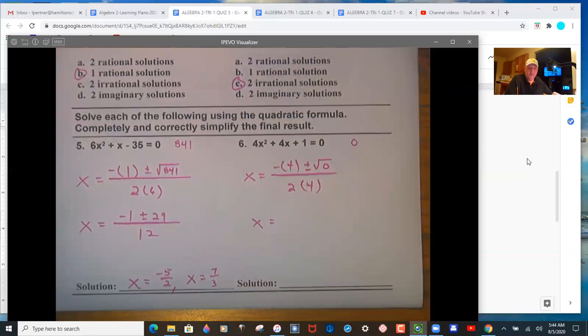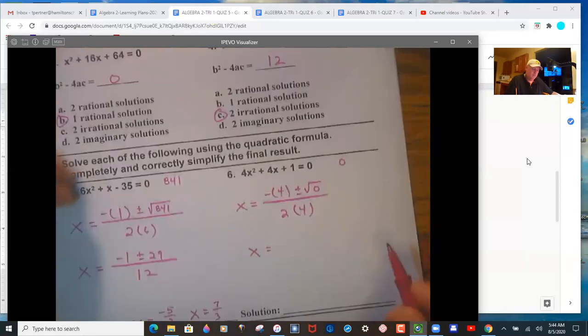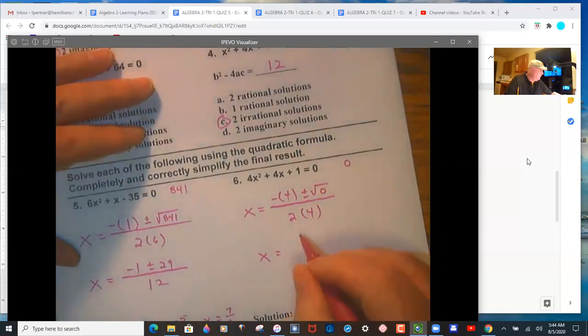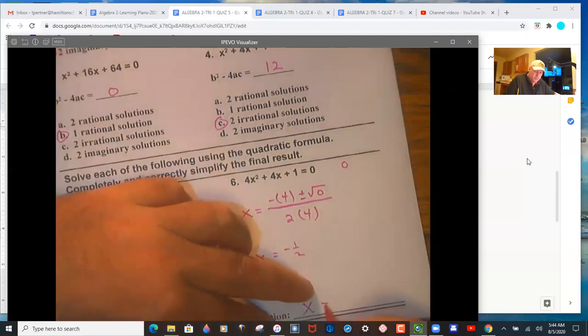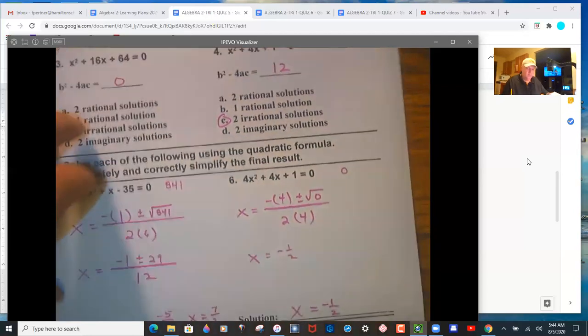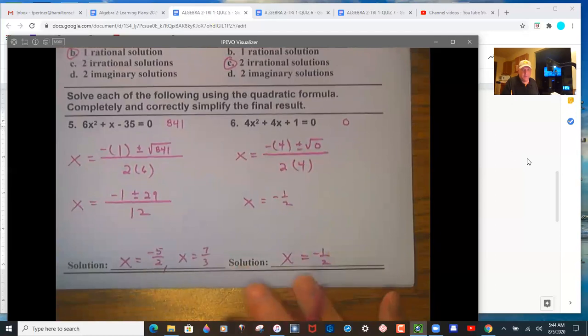Anyway, so 0, so we end up with negative 4 over 8, which is negative 1/2, twice. So the factors would be 2x plus 1 times 2x plus 1.